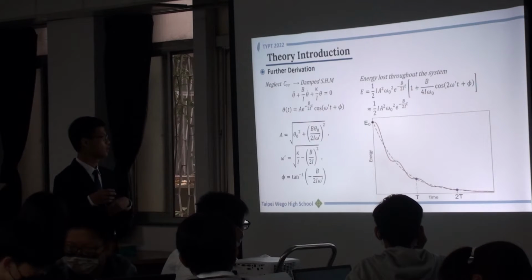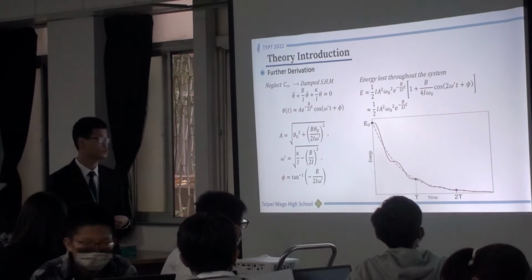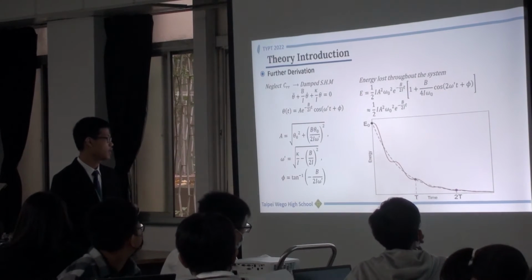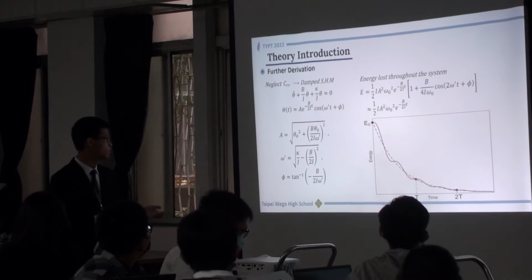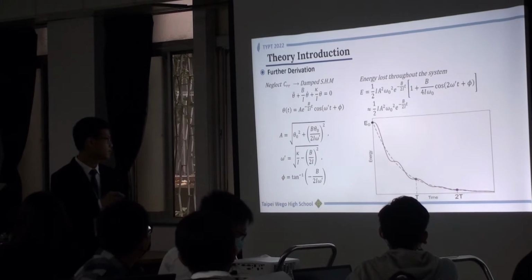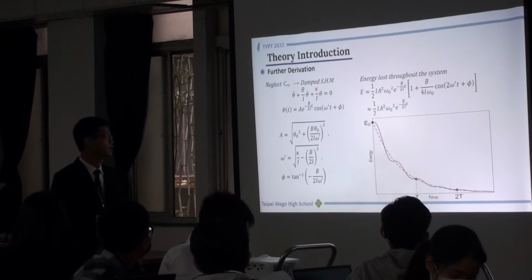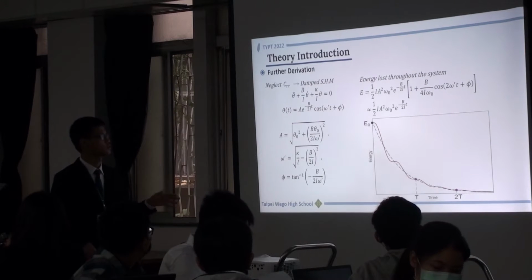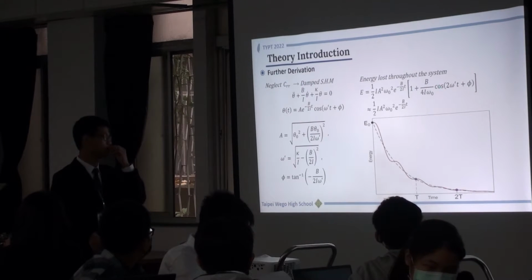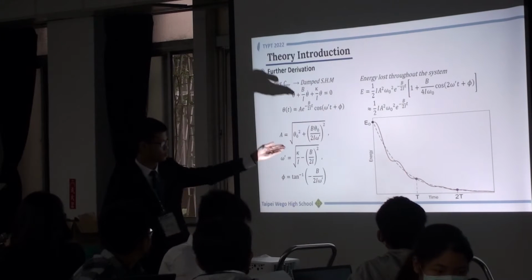And to further talk about this differential equation, it actually has a similar solution, which we can write down. If we put in the initial condition, which is theta 0, we can get its amplitude, its angular frequency, and the initial angle. And by further investigating this equation, we can get the energy loss throughout the system, which we can write down as follows. And we can approximate it with the blue dotted line.